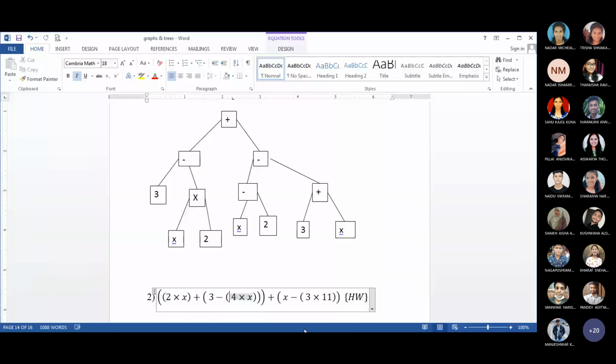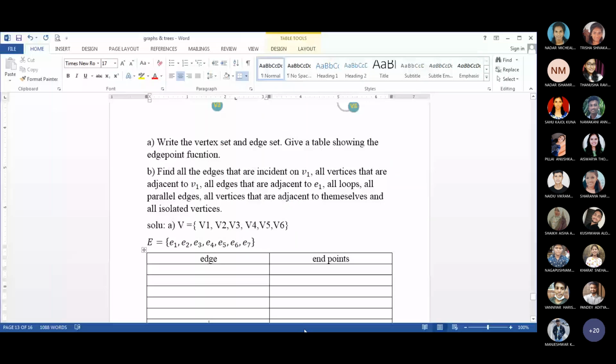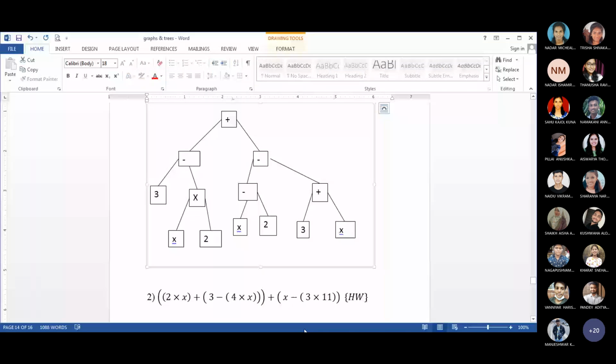If it's possible, you can share the screen and show me. I think only one example is left, that's it. So we will be able to wind up today. Quickly draw the binary tree for the second example and tell me, then we will go to the next sum that will complete this unit.